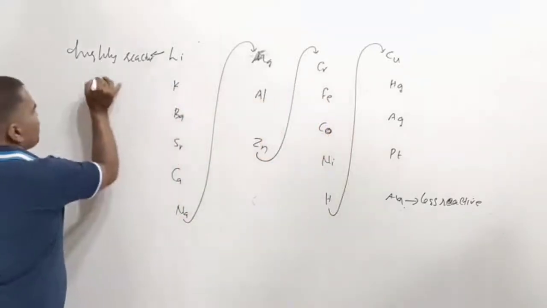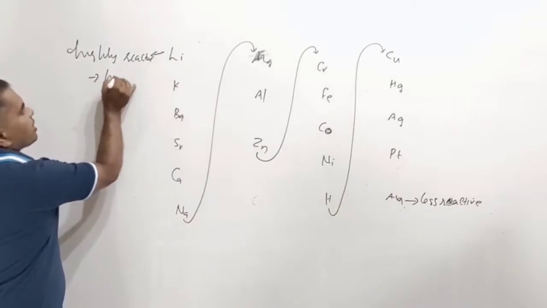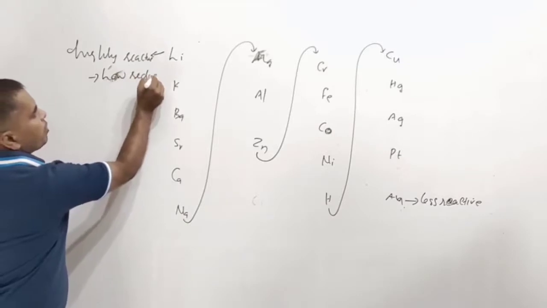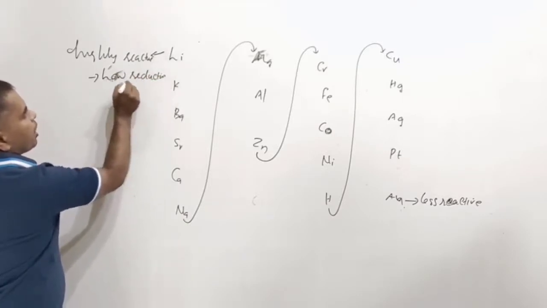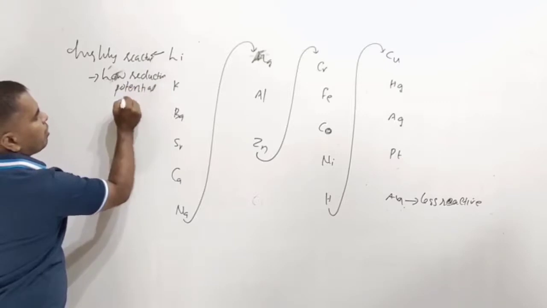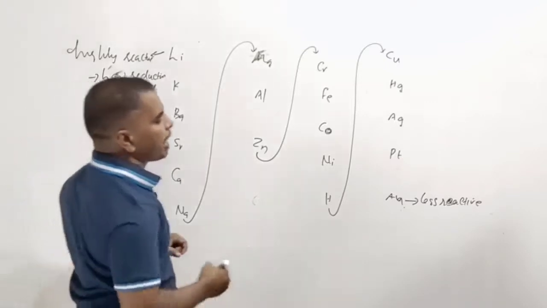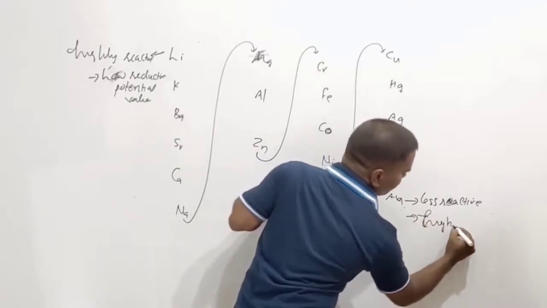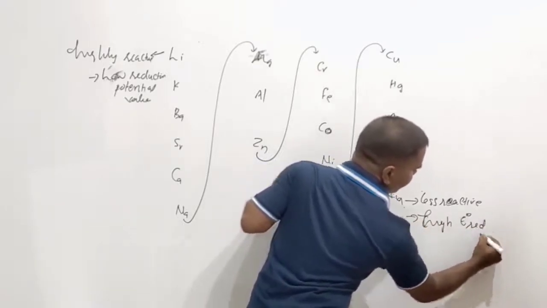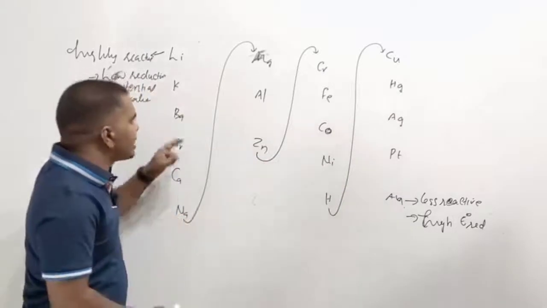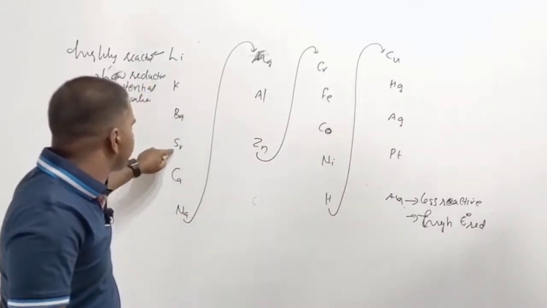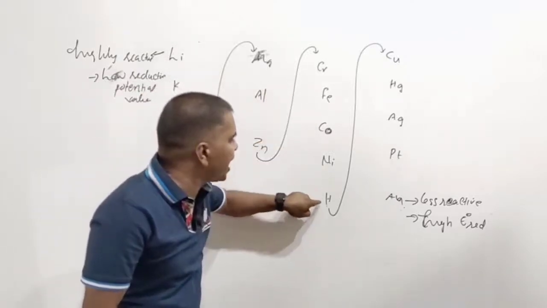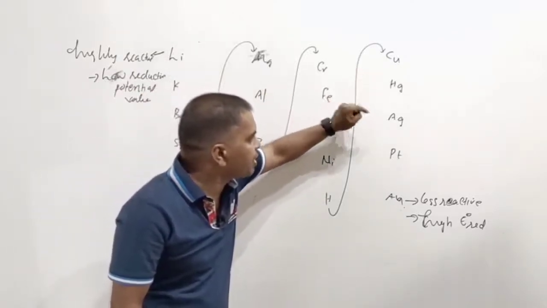So this metal has a low reduction potential value, and this metal has a high E0 reduction value. It's a reactivity series. Lick, basar, ka-na, mug, alsan. Crophiconi hydrogen. Then chapa, copper, mercury, silver, platinum, gold.